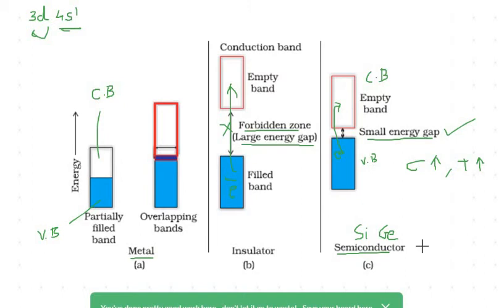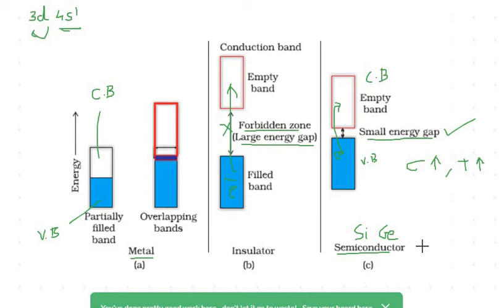They are also known as intrinsic semiconductors. The conductivity of these intrinsic semiconductors is too low for practical use, and therefore the conductivity is increased by adding some suitable impurities to it, and this process of adding impurities is called doping.